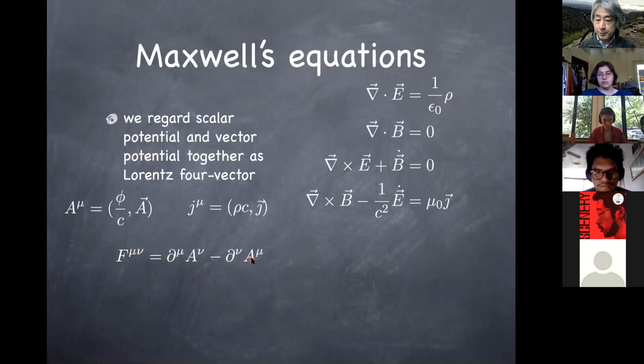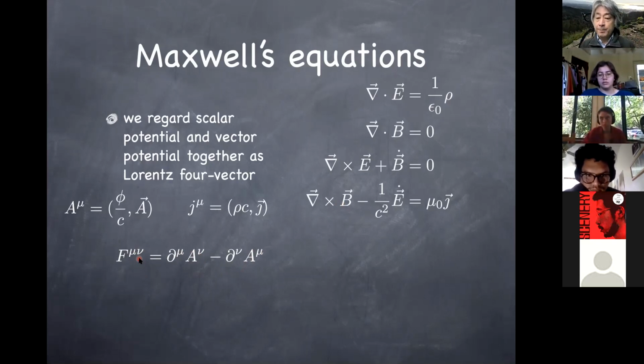But this is the 4-curl instead of 3-curl. But because it's a curl, this is antisymmetric under the interchange of μ and ν indices. So I have a 4x4 matrix F^μν, which is antisymmetric.